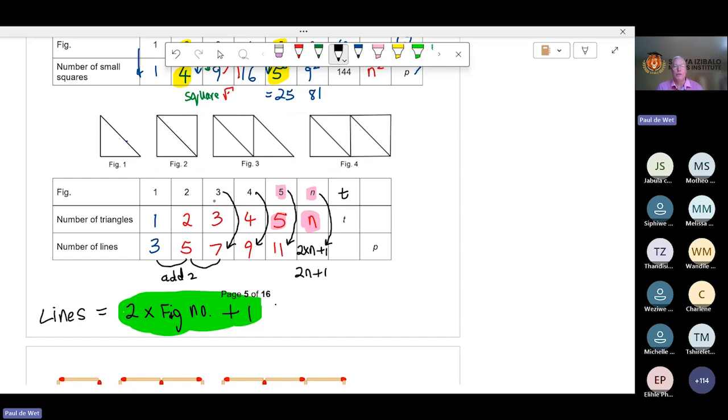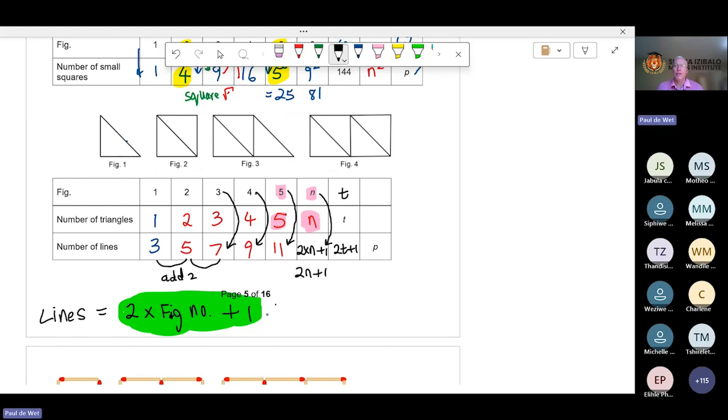Notice 2, 2, 3, 3, 4, 4. So if this is T, now instead of it being 2n plus 1, it will be 2 times T plus 1. 2T means 2 times T plus 1. Because the rule to get the lines is we times by 2 and then add 1.